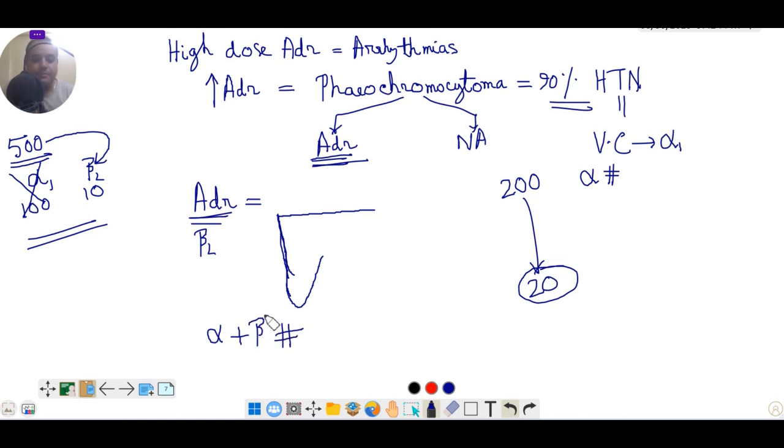Now, if you block the alpha as well as the beta, then the vasoconstriction as well as the dangerous hypotension that was about to occur, both of them will not be occurring, and the BP will normally return to the baseline. So for a pheochromocytoma patient who is secreting adrenaline and presenting with hypertension, the drug that we give to control hypertension is an alpha plus beta blocker.